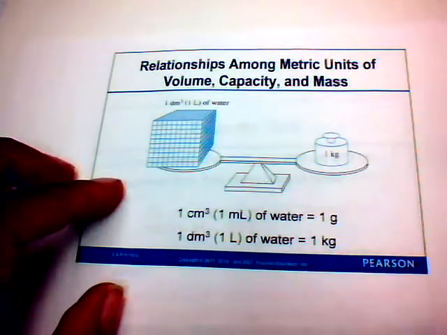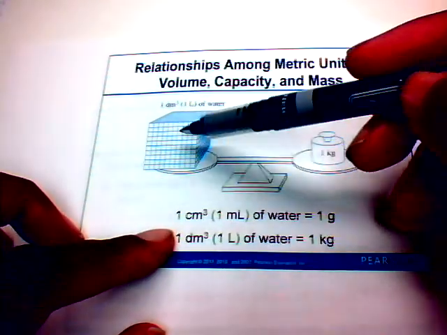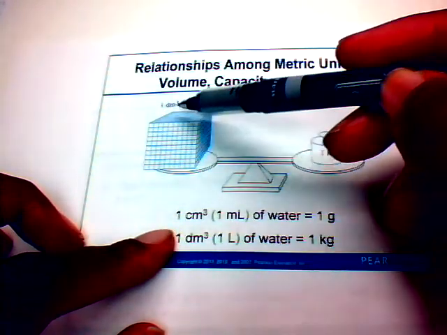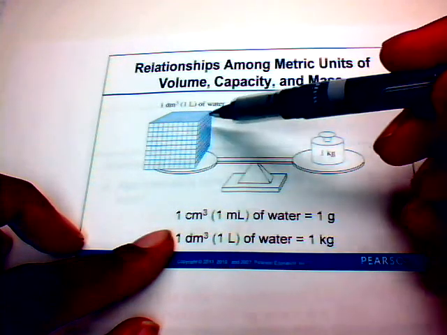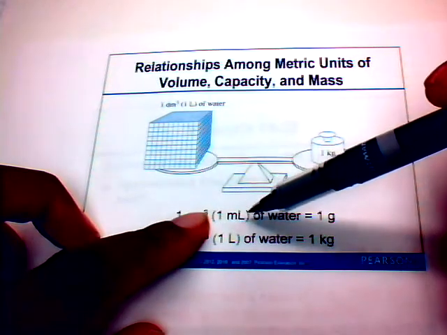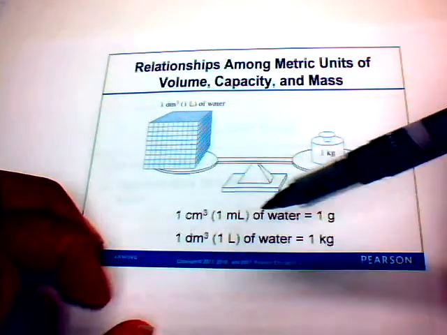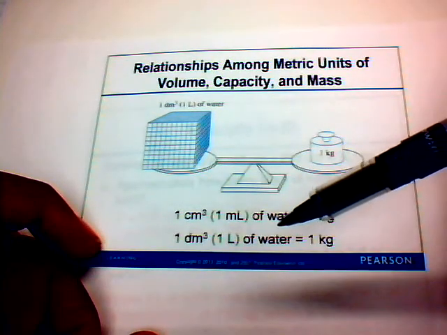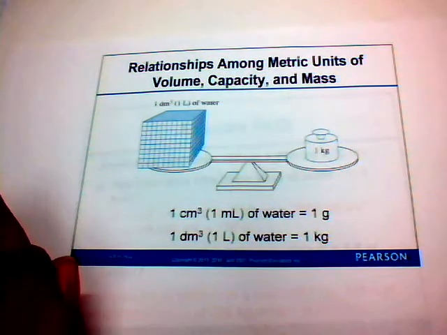Because if you think of this, because I know a cubic decimeter, and if you have 1 cubic centimeter, think of this as 1 milliliter to liters. Because I know 1 liter is going to be 1,000 milliliters. So that means that 1 kilogram is going to be 1,000 grams.